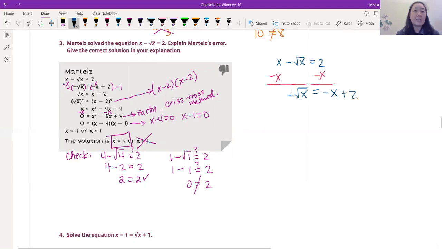Now, we want to get rid of this negative here. So what we're going to do is square both sides. Oh, haha, just kidding. Did I say square? I meant multiply by -1. Multiply by -1 and multiply this by -1.